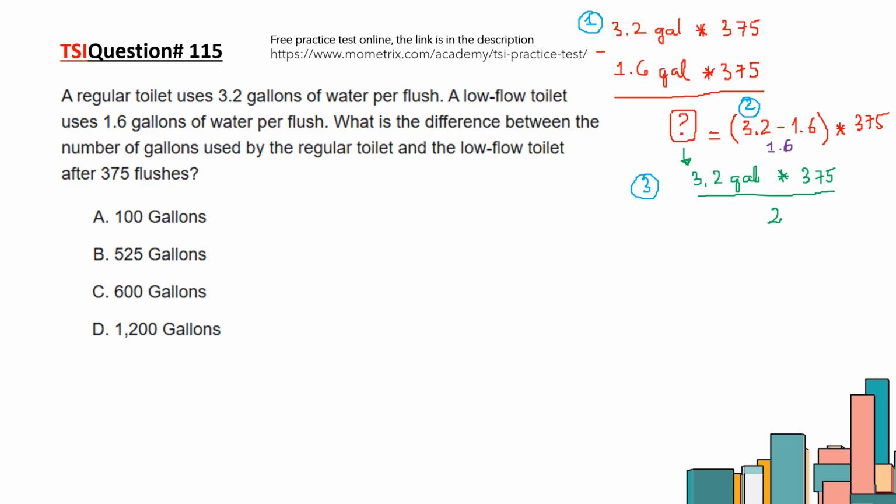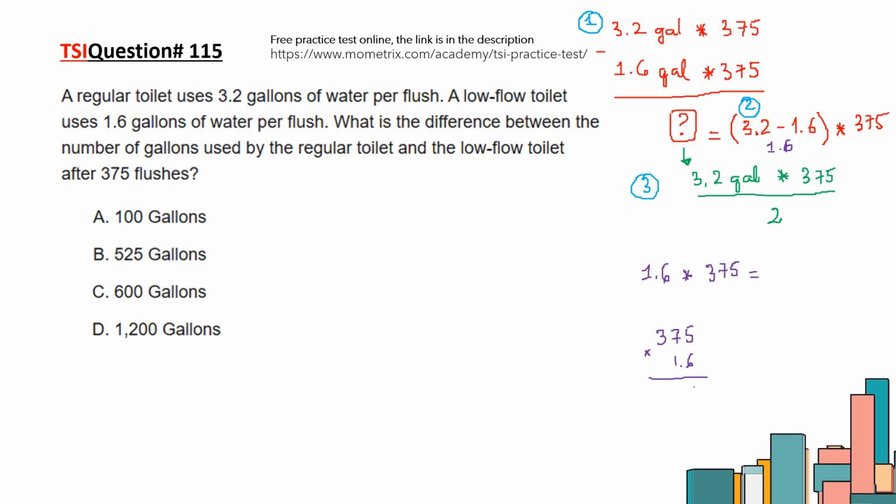So the calculation we need to do in this question is 1.6 multiplied by 375. So we just make the calculation, 375 times 1.6. You can use the calculator if they provide you one, but if not, we can do it by hand.